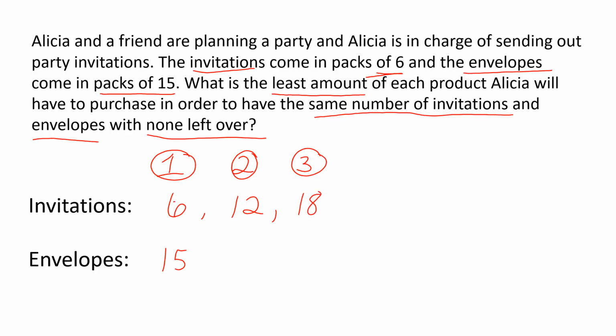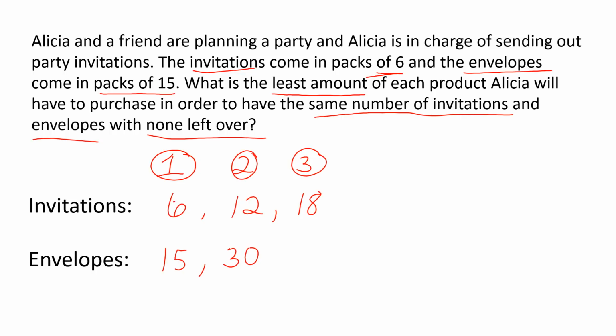18 invitations. So at this point, she has 18 invitations and 15 envelopes. She still does not have the same amount of each. So if she purchases a second package of envelopes, then she's going to have 30 envelopes and only 18 invitations.